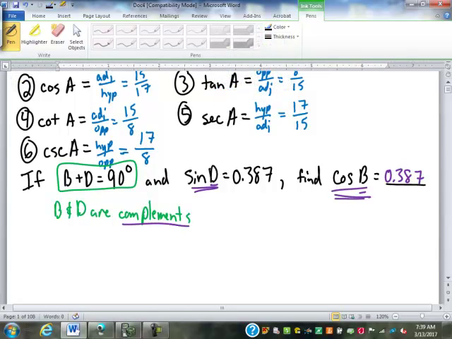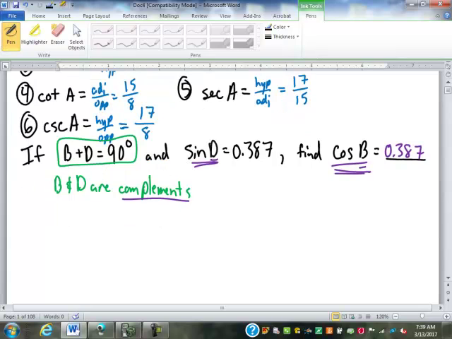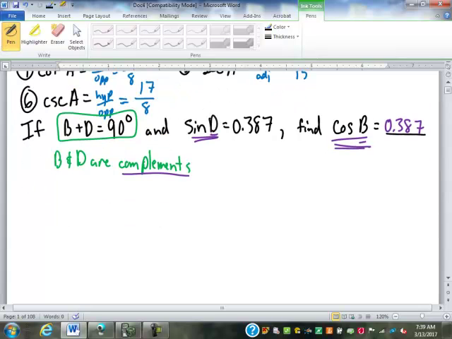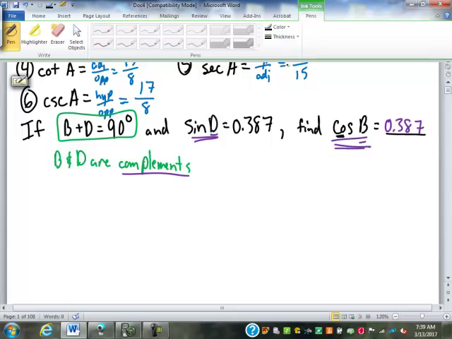Does that make sense? So like if I have that cofunction, the CO literally means of the complement. So let's say I still got B and D add up to 90 degrees, so they're still complements.